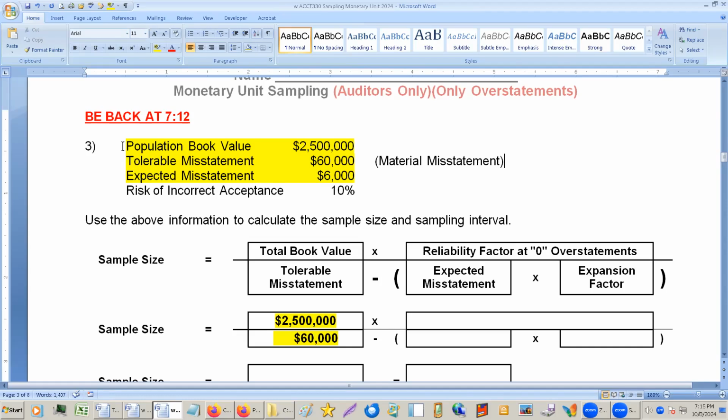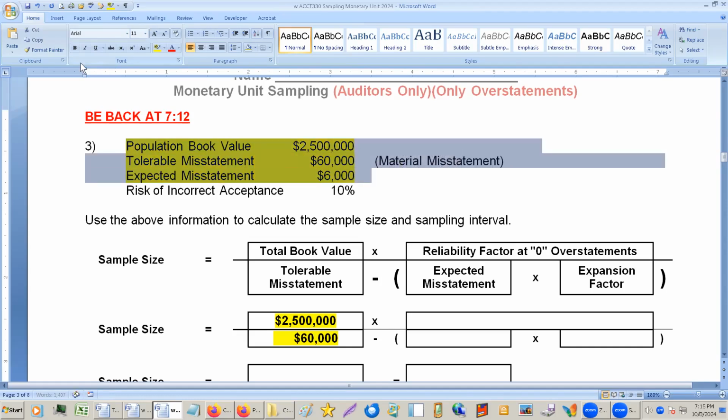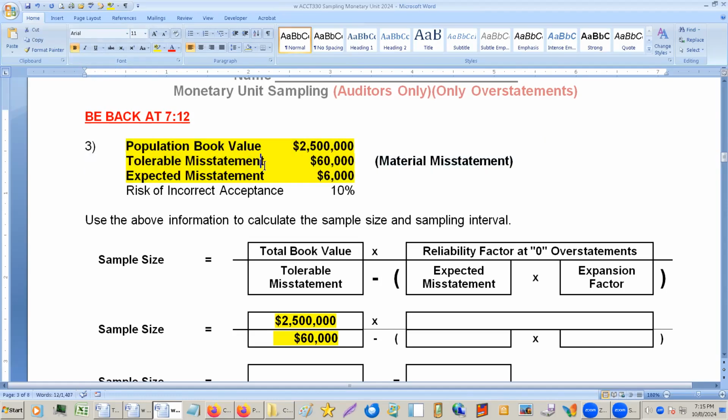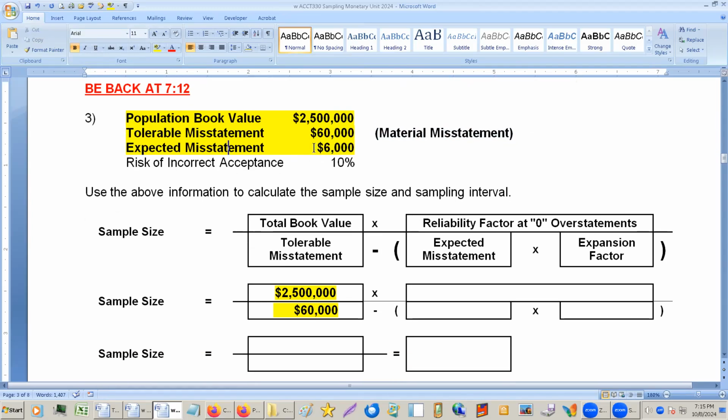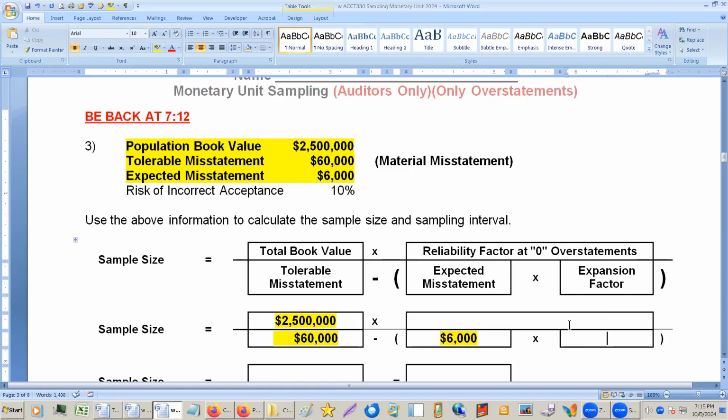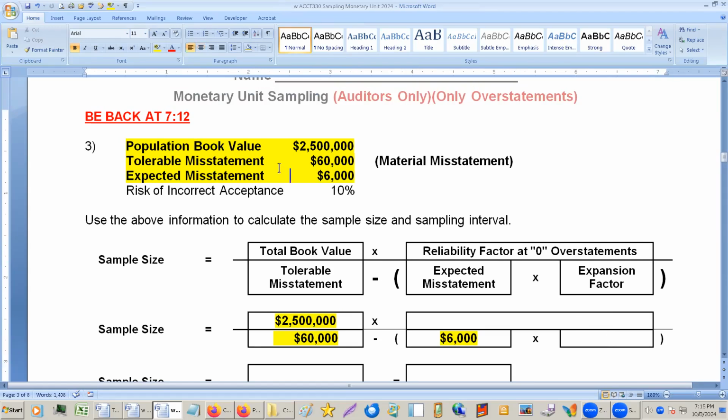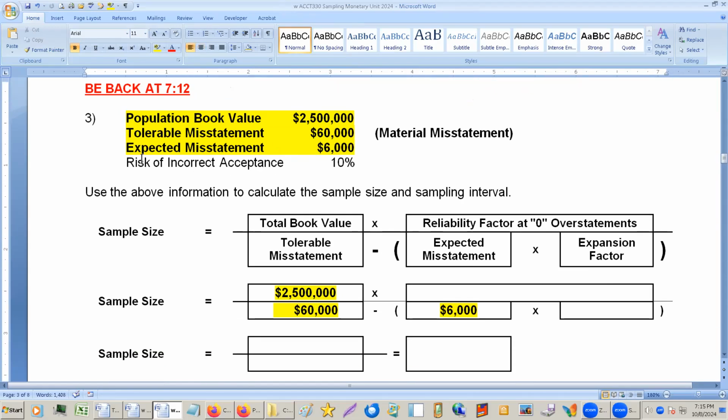What would we call a material misstatement? In this case, it'd be 60,000. So the tolerable misstatement is 60,000. Anything over that, we do something about it. The expected misstatement is always going to be lower than the tolerable, usually much lower. It could be 0. Okay, so these are the numbers that we got.